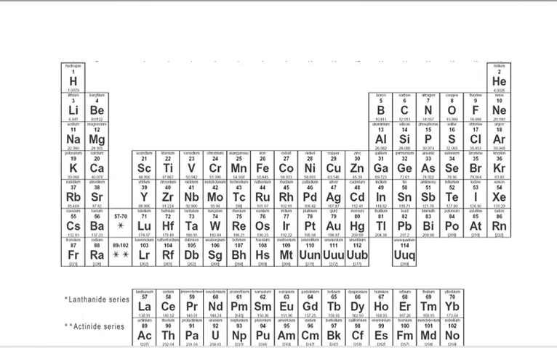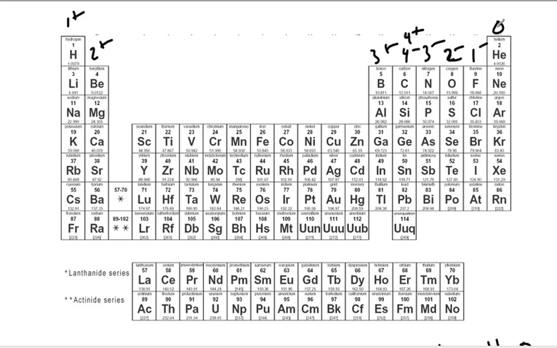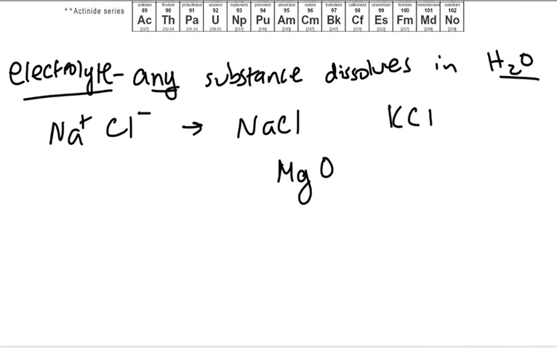So let's write these charges again: 1 plus, 2 plus, 3 plus, 4 plus or 4 minus, 3 minus, 2 minus, 1 minus, and 0, because they're happy campers. So any ionic compound is an electrolyte.